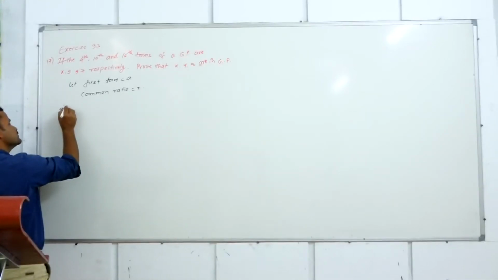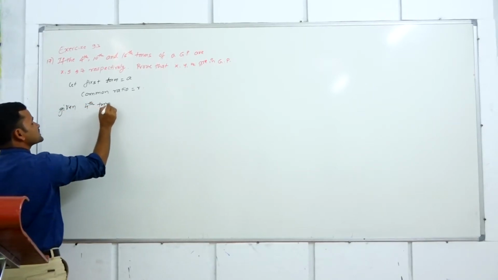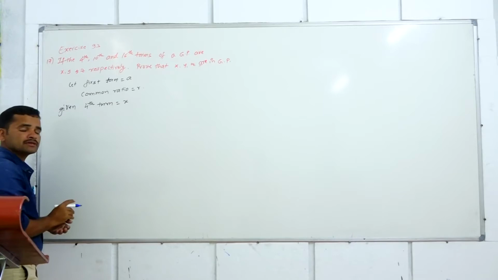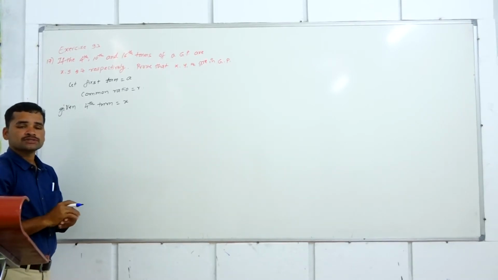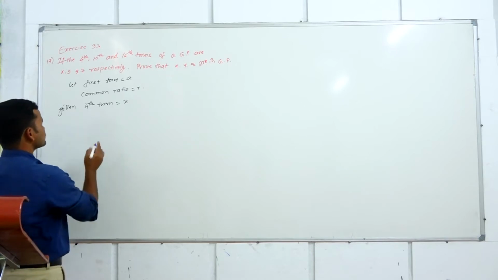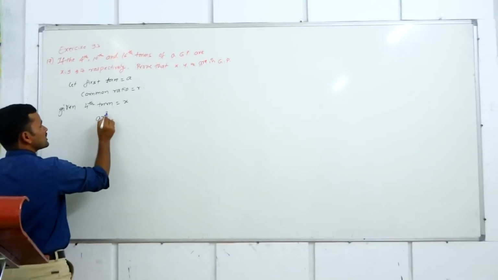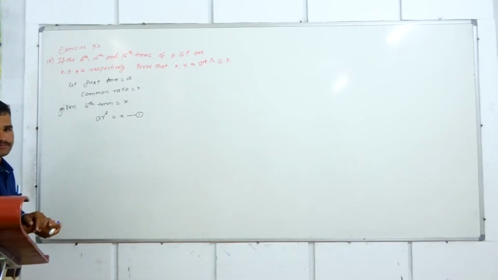They have given that the fourth term is x. In a geometric progression, what is the fourth term? Using the general term a_n is equal to a into r to the power of n minus 1, the fourth term can be written as a into r to the power of 3, which is equal to x. You can name this as equation 1.